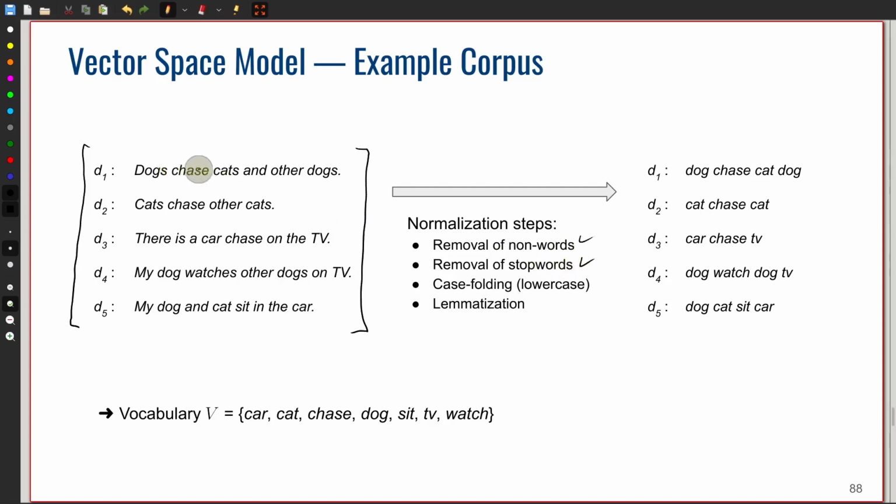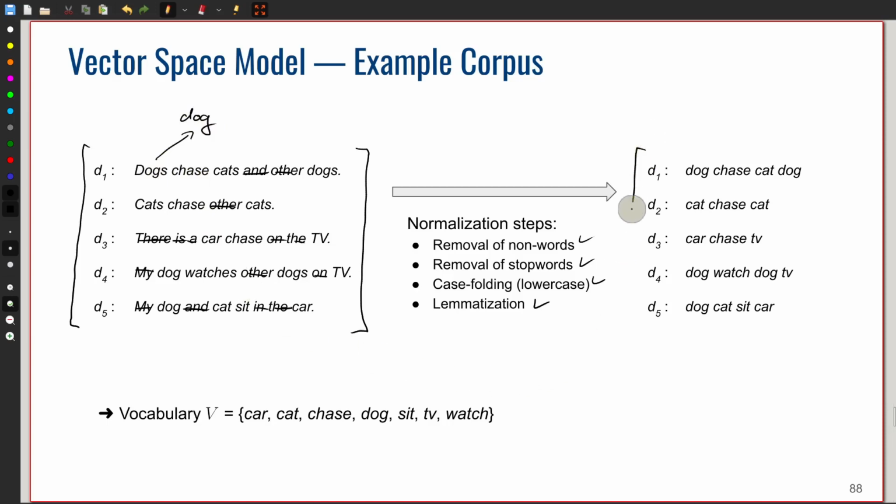And if you look, for example, stop words would be and, other, there is a, on the, my as well, and in and the. And also we performed case folding, so converting everything to lowercase, and lemmatization, which for example means that we converted the lowercase and uppercase word of dogs into lowercase dog.